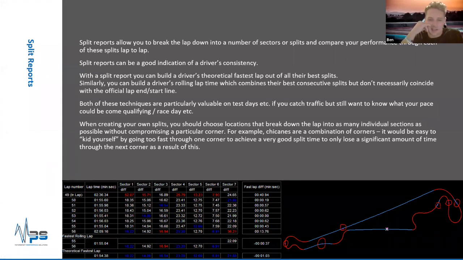So if I just look at lap 52 in comparison to my best lap, specifically at corner 4, wherever you went faster, it speeds up your data analysis process and allows you to quickly choose where to spend your time looking at the data, because there's so much of it, you could quite happily spend hours, and before you know it, you've lost your day. So I really recommend using a split report, and if you can afford it, buy a hardware and software package that produces it.